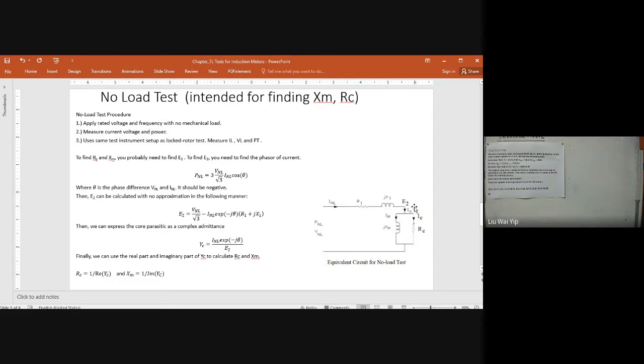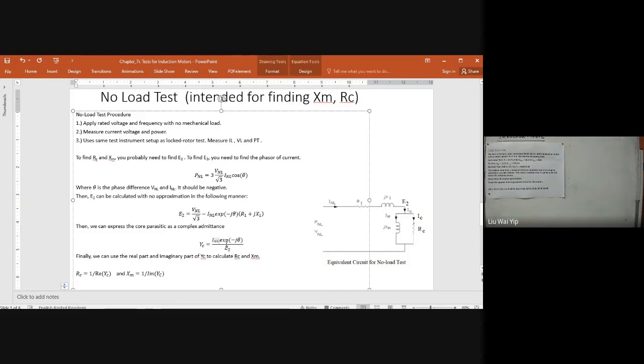Now finally, E2 will be in a complex phasor form, and same for the current. What we can do is use the complex value of the line current and the complex value of the phasor E2 to calculate the admittance. So it is I, the phasor form of the line current, divided by the complex form of E2.